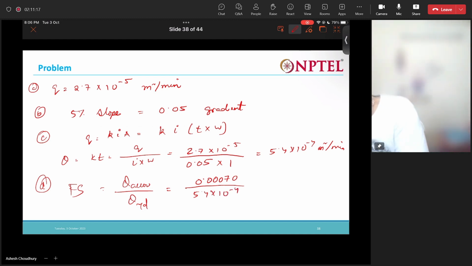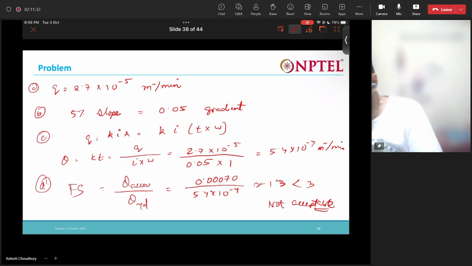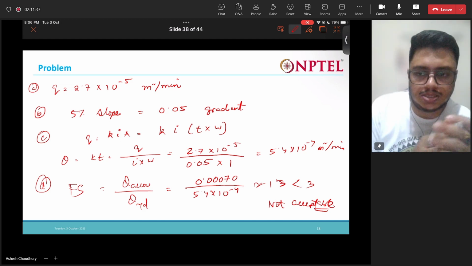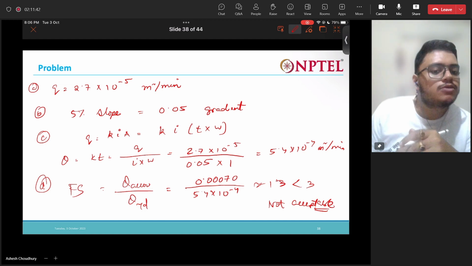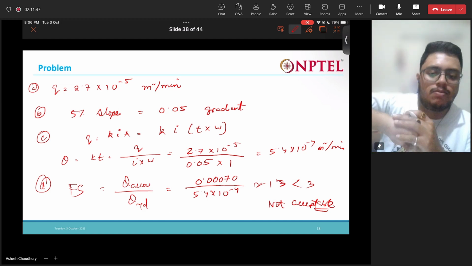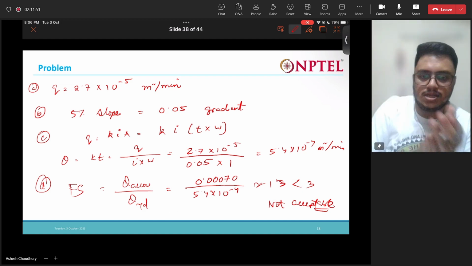So actually 1.3 is less than 3. So at least to increase the factor of safety, what we can do is increase the layers of geotextile. We can increase the number of layers, so 3 to 4 layers of the same geotextile we can provide. What it will do is increase this theta allowable. Theta allowable will get added up, and this theta allowable will increase.